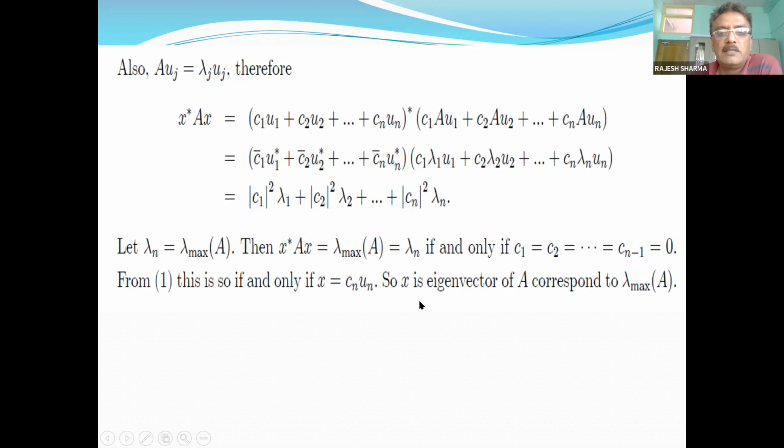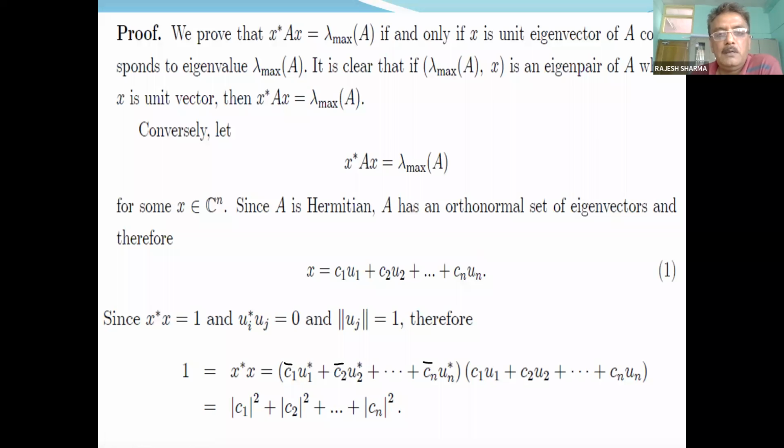The arguments are the same when we replace lambda maximum of A by lambda minimum of A. So this is an important exercise: x star Ax is equal to lambda maximum of A, when A is Hermitian, if and only if x is an eigenvector.